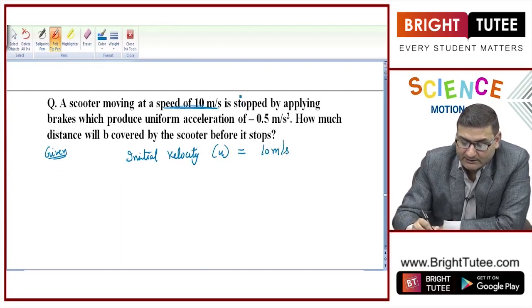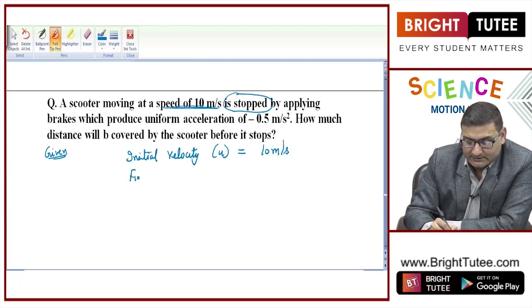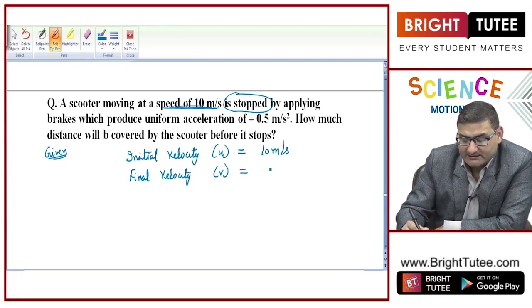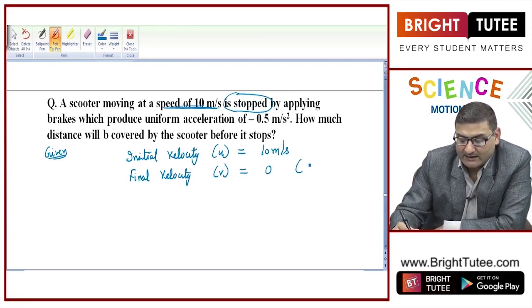And this scooter is stopped. If the scooter is stopped, that means I am given the final velocity v is equal to 0 as the scooter stops.